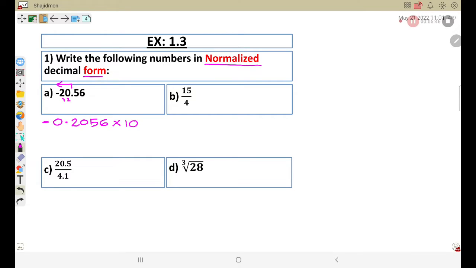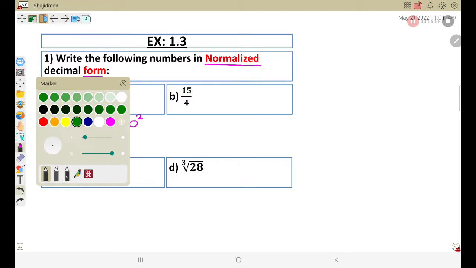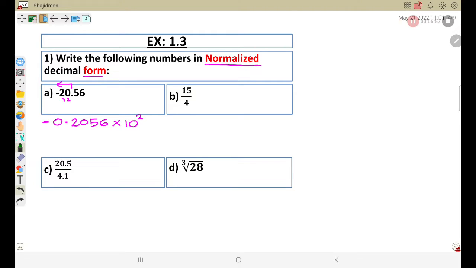We have only 2 numbers before the point, correct? So we write multiply 10 power 2. That is the normalized form of that number.